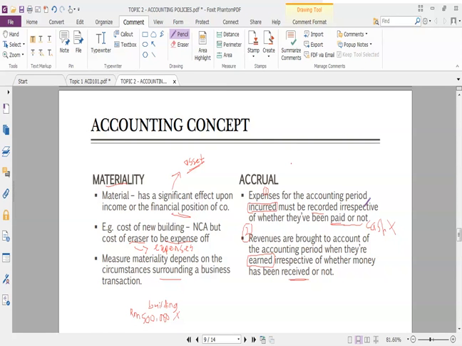Even though we did not get the money yet or have not paid yet, we should also include the transaction if it occurs in the accounting period.